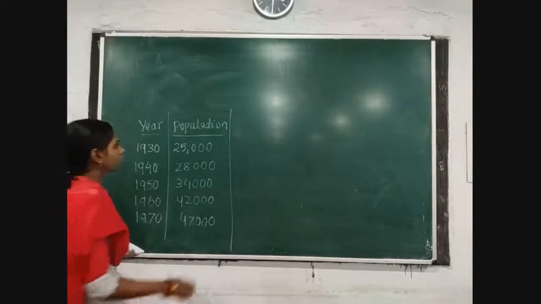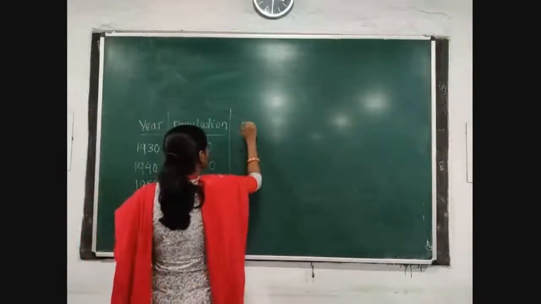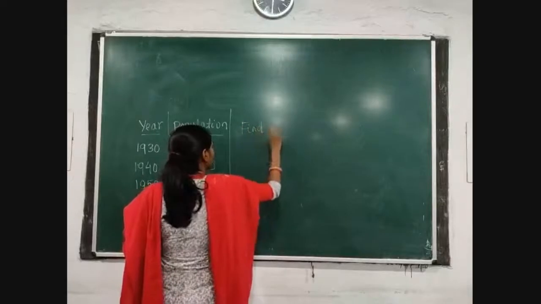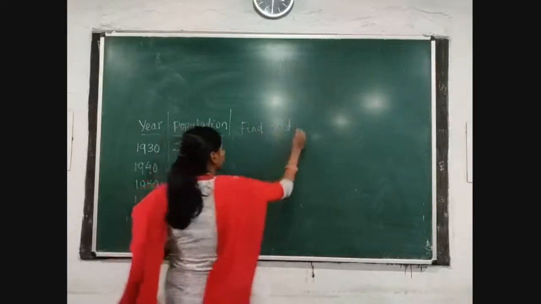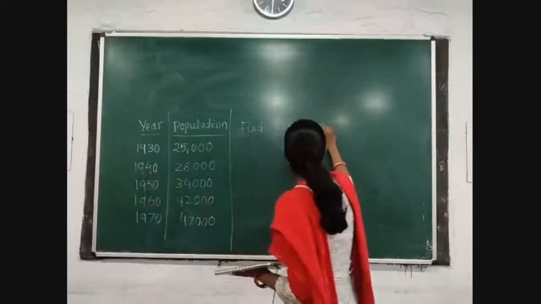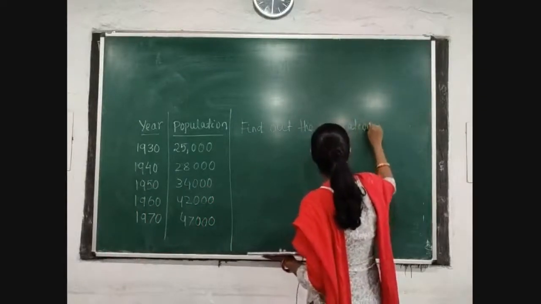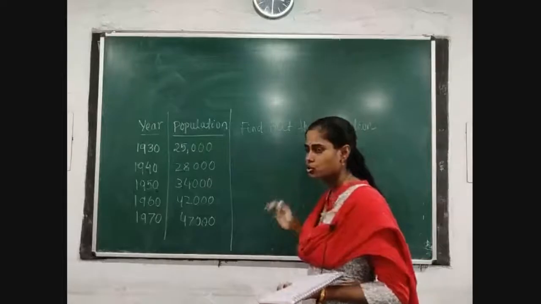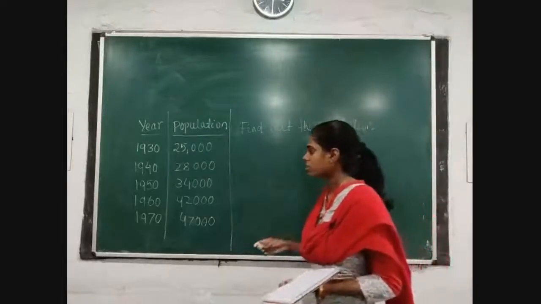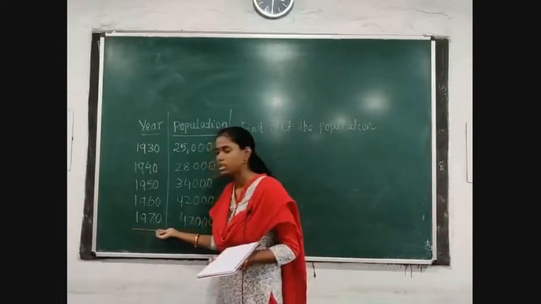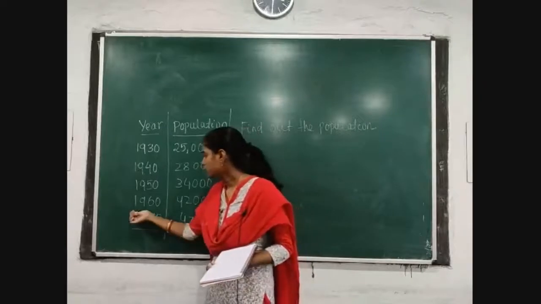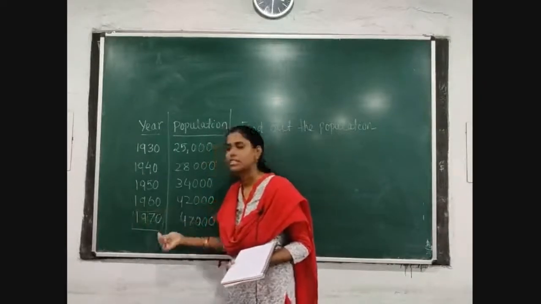So here the question is: find out the population after 1, 2 and 3 decades from the last known decade. Here the last known decade is 1970.